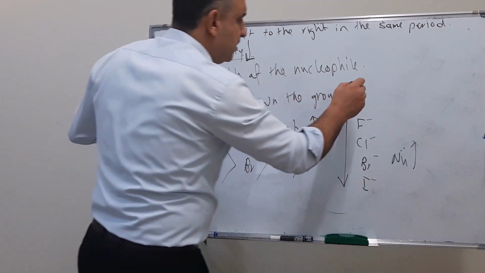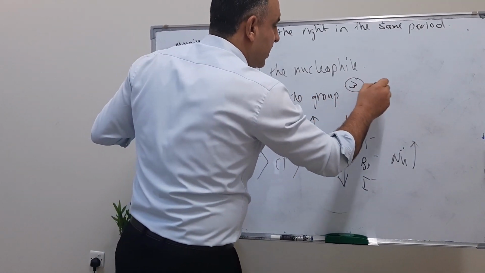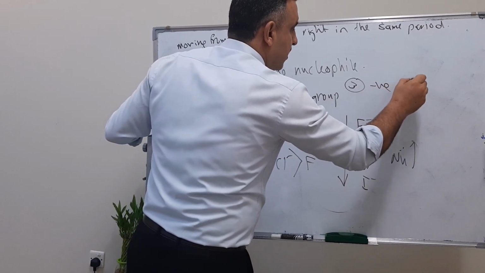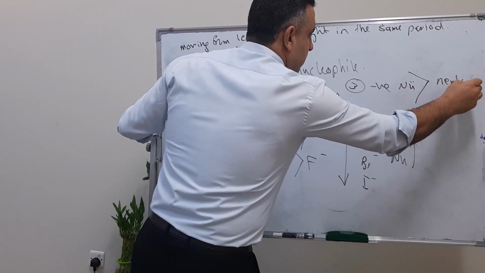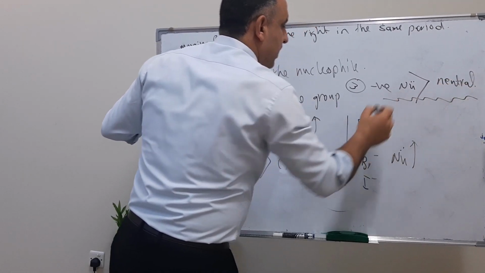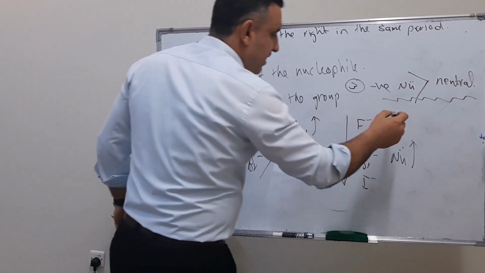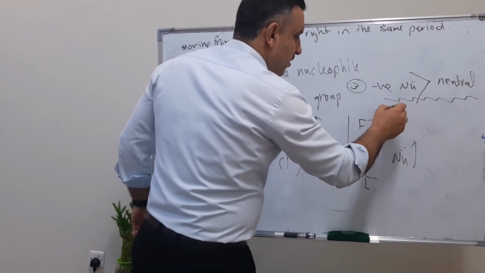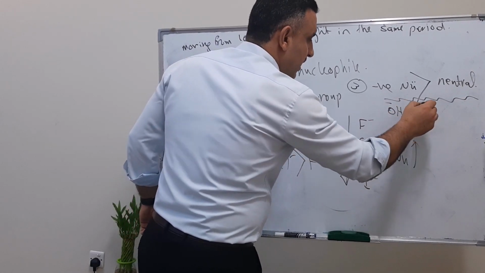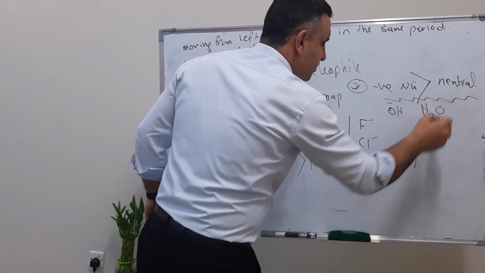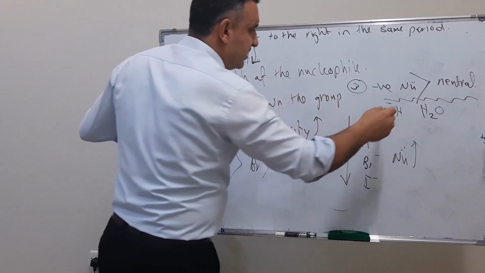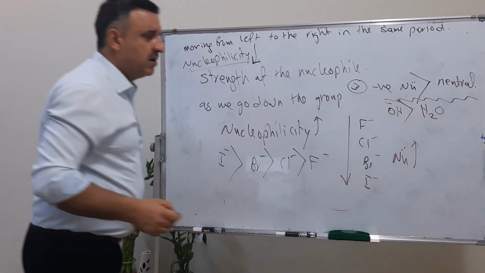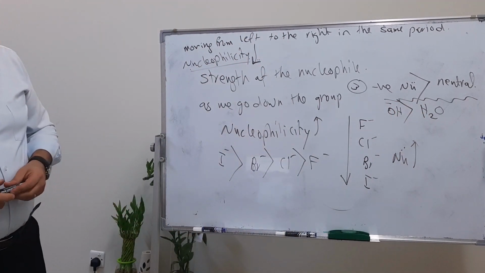And the third trend: a negative nucleophile is stronger than a neutral one. In other words, if we compare, for example, OH minus as a nucleophile with H2O, the OH minus is definitely stronger than the H2O.